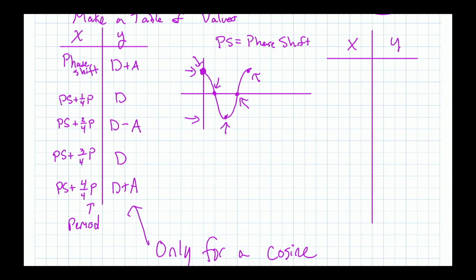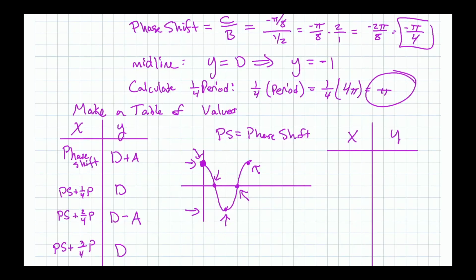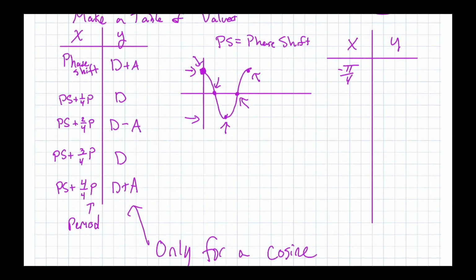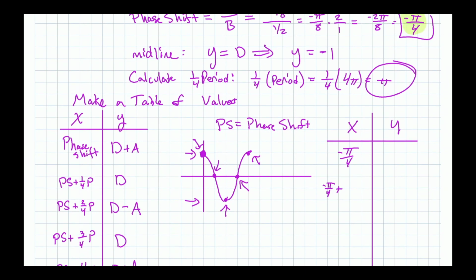So x, the first x value should be the phase shift. What's the phase shift? There it is. Pi over 4. Right? Pi over 4. Okay? Now let's just do all the x values. So the next x value is negative pi over 4 plus a quarter period. So what's a quarter period? That's why I calculated it, right? Quarter period is pi.